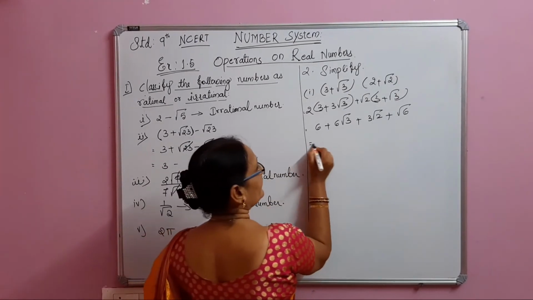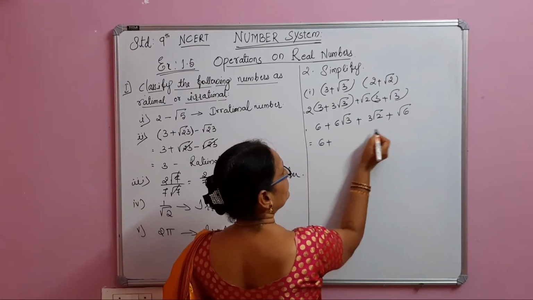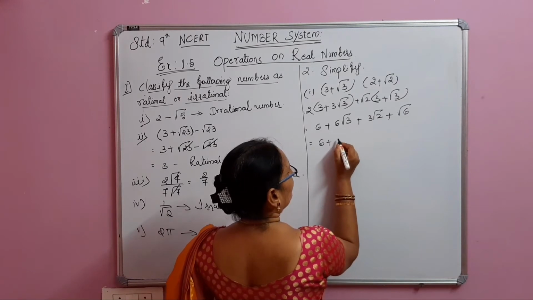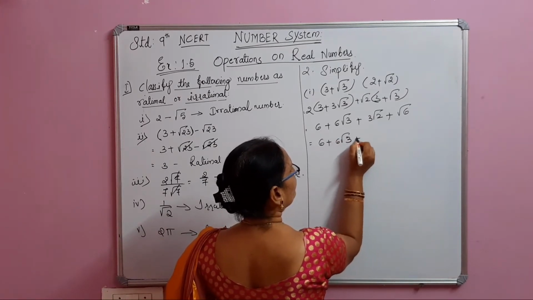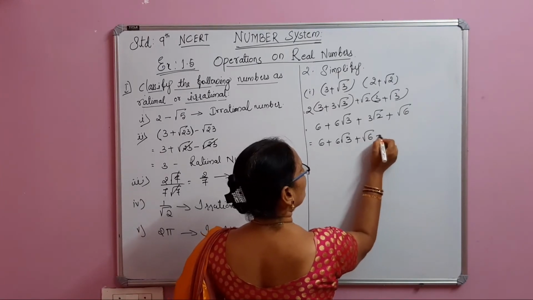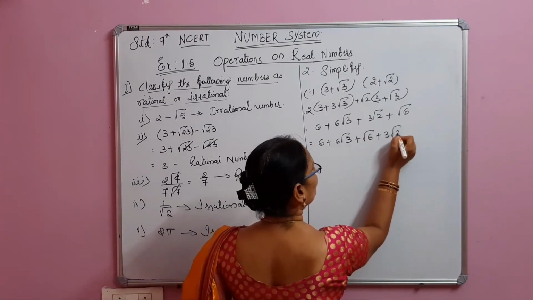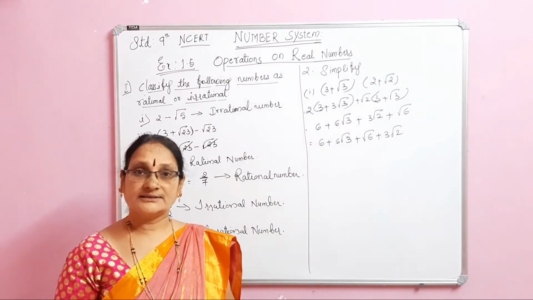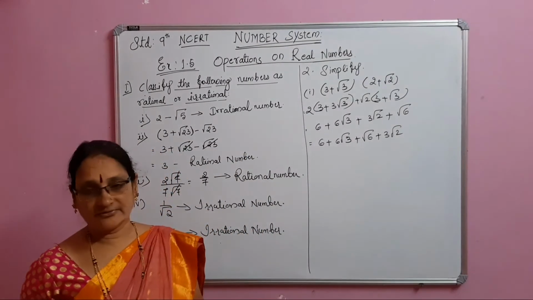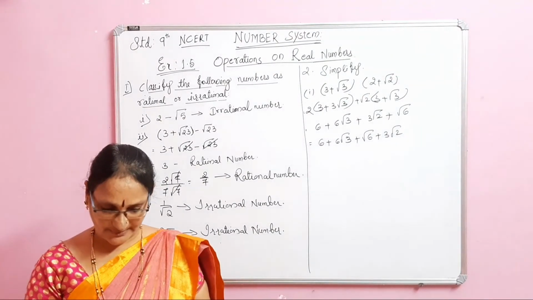So the result is 6 plus 2 root 3 plus root 6 plus 3 root 2. This is the answer. This is the simplification of the given irrational numbers.